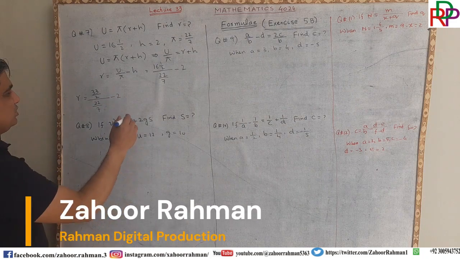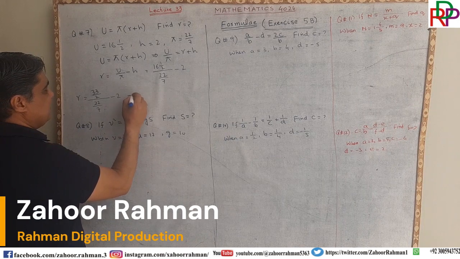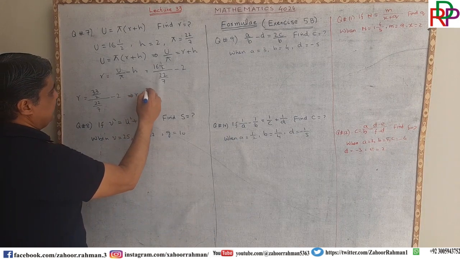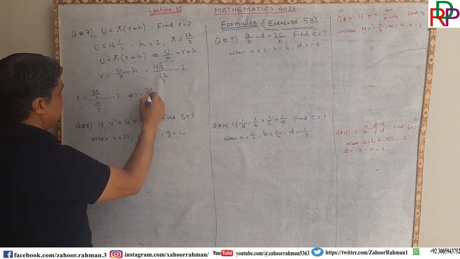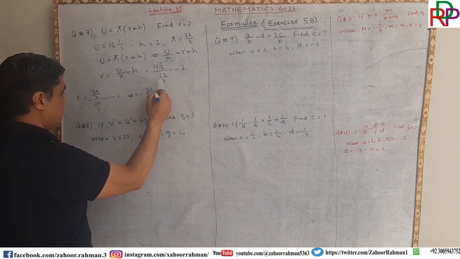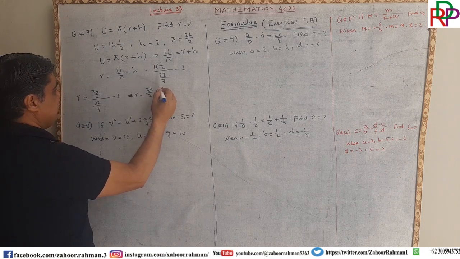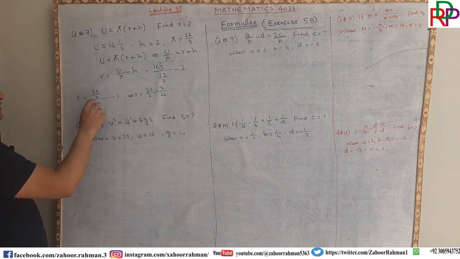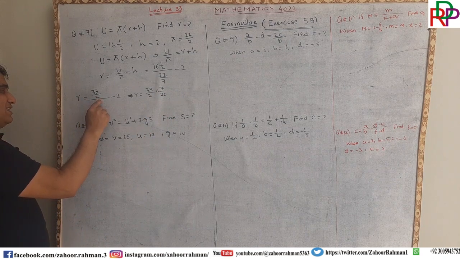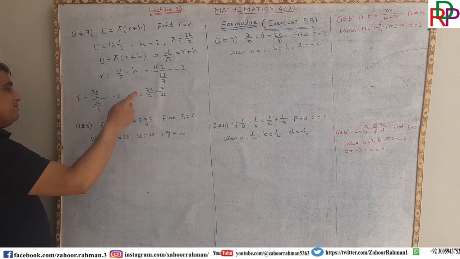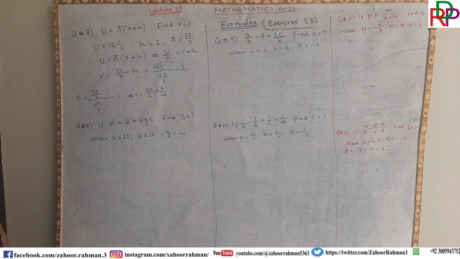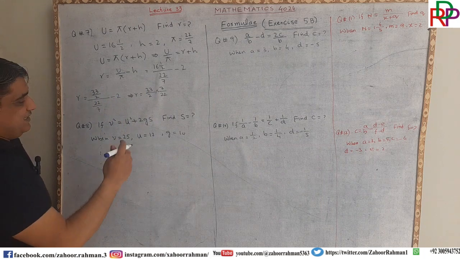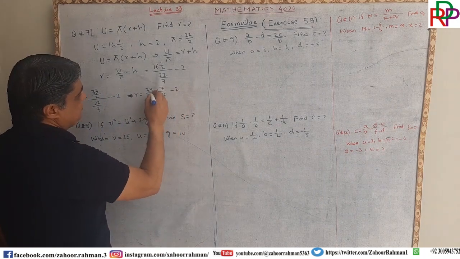Remember this, that this implies that r is equal to 33 over 2 multiplied by 7 over 22. When this is in the denominator, when you are changing this division symbol to multiplication, you have to take the reciprocal, and then you have to write minus 2.